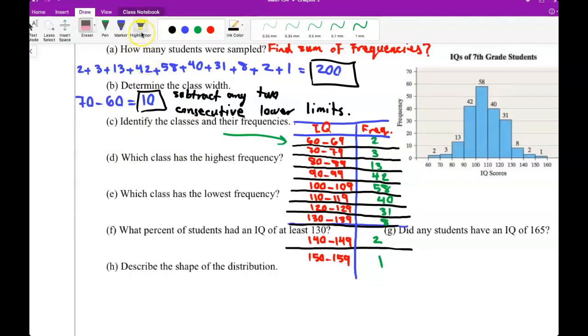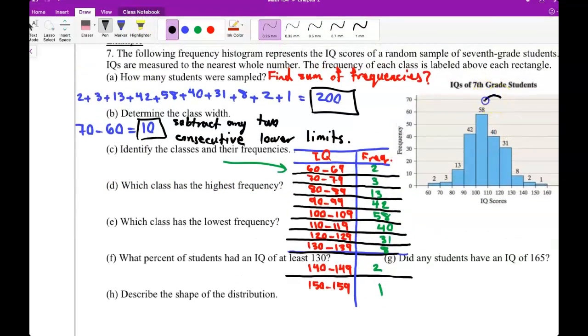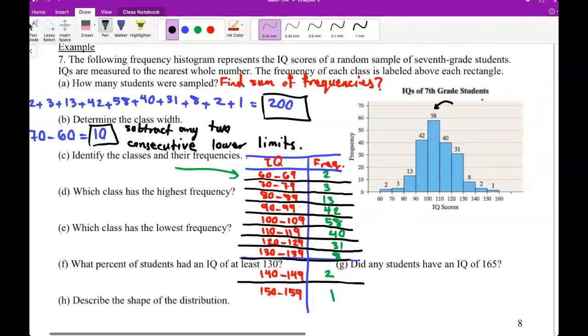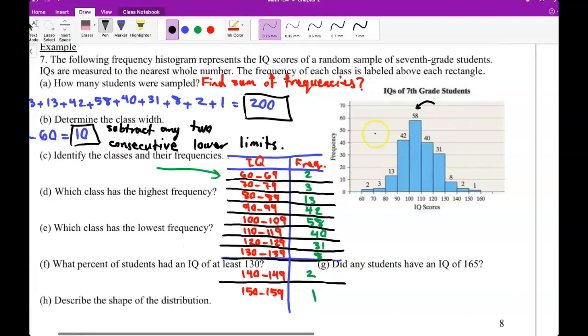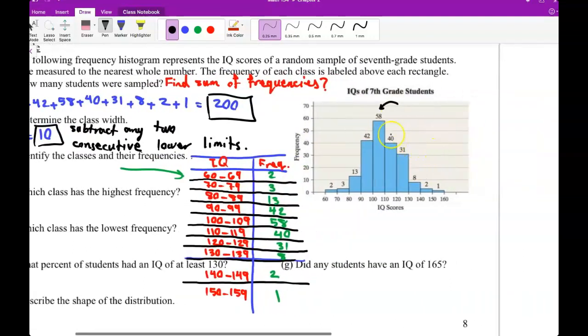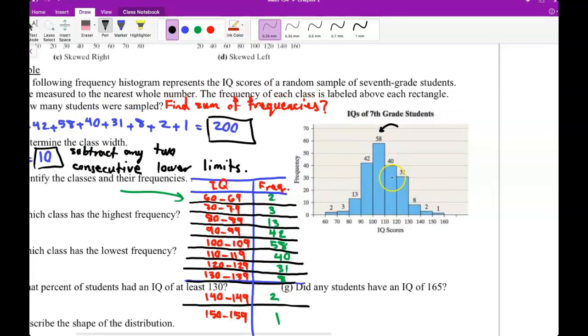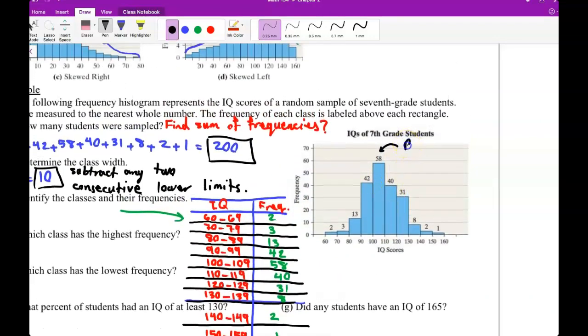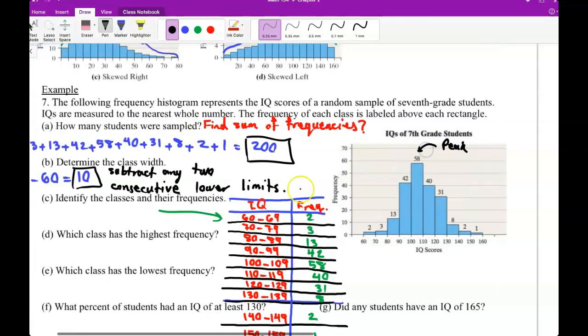And then part D, which class has the highest frequency? So the one that has the highest frequency is this one in between. Obviously this one is bell-shaped because the highest one is in the middle. So this is the highest.